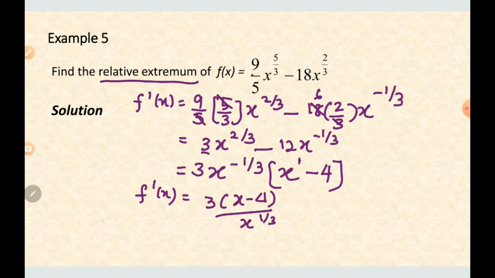Okay. So our conclusion here, this is a rational function. So firstly we consider f prime x equals 0. f prime x equals 0 when x minus 4 equals 0, that is when x equals 4.